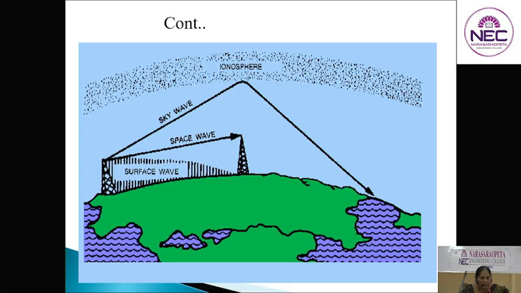Different frequency ranges are propagated in these layers.